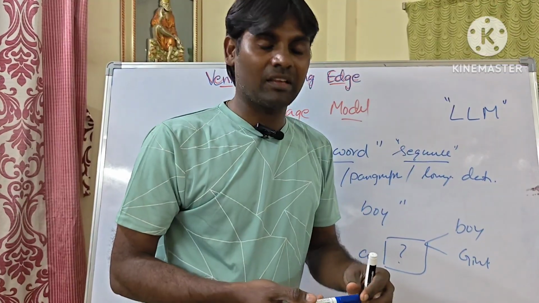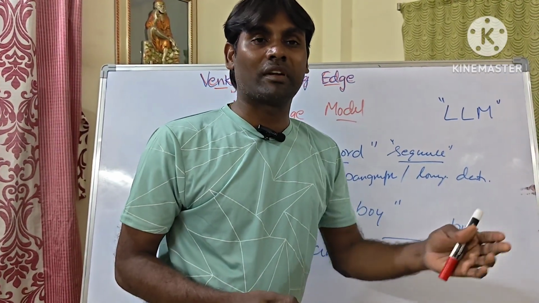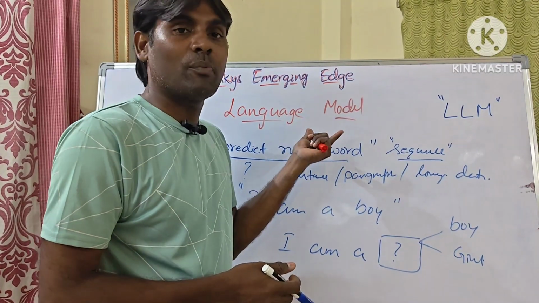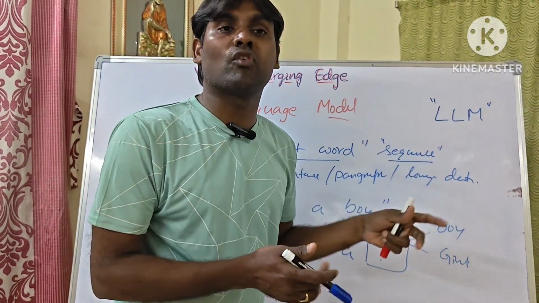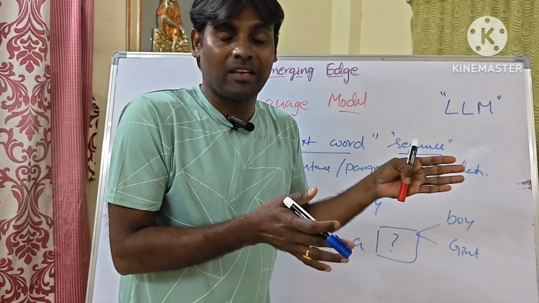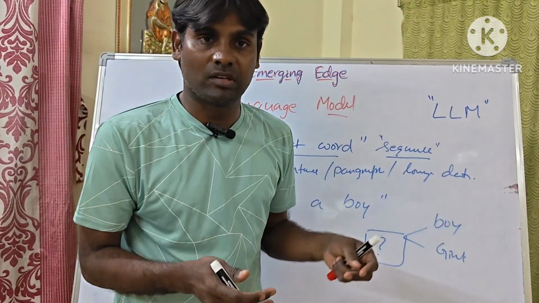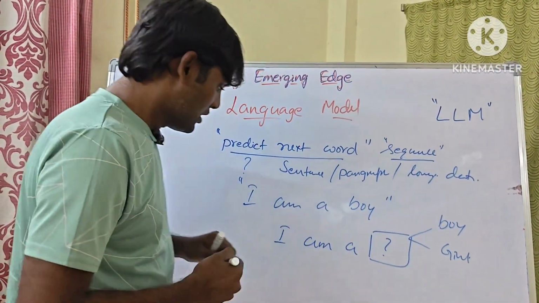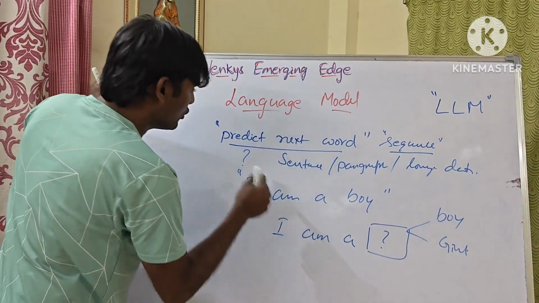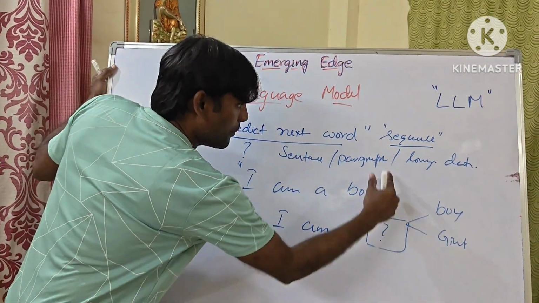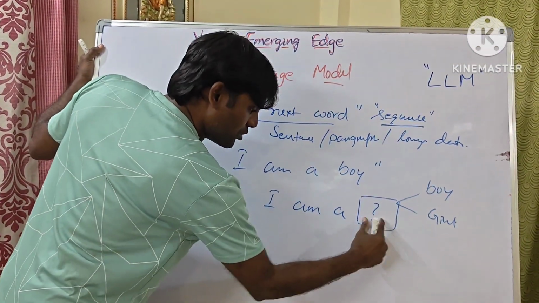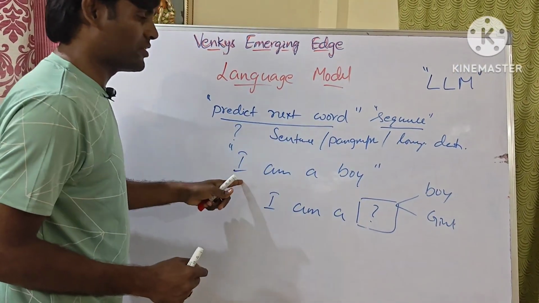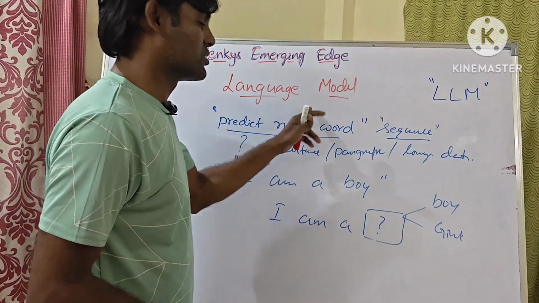In machine learning or deep learning, whatever the technology, we use a data set. But in natural language processing, the data set is called a corpus. A corpus contains a number of words, a number of sequences of data, in text form only. Is it clear? So we use previous data to predict the next word in a sequence, in a given sentence, based on the previous history of data. That is called a language model.